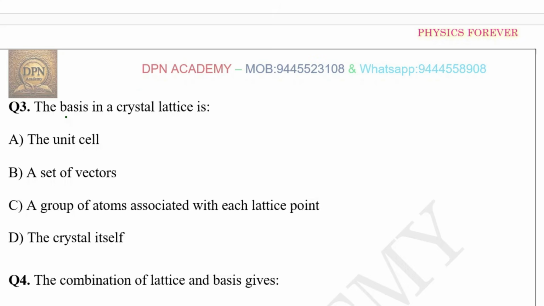The basis is a set of atoms, that is important. The basis is the set of atoms placed on each lattice point. That should be option C: a group of atoms associated with each lattice point is called the basis.